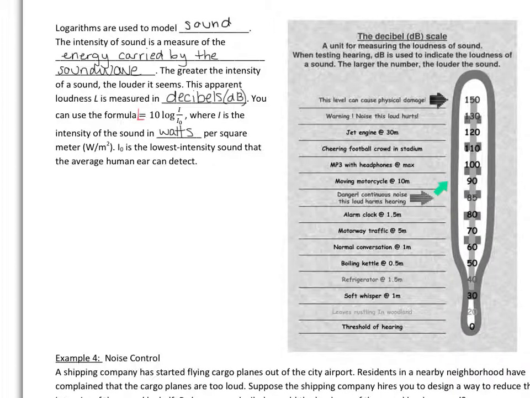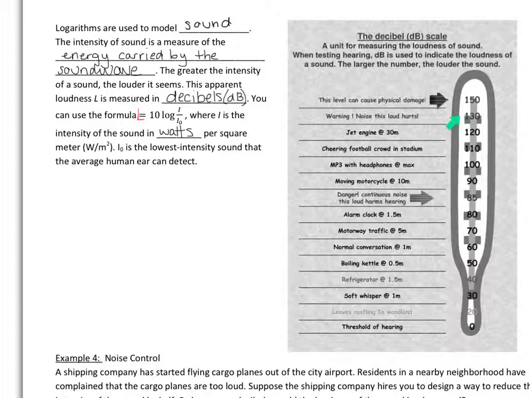Motorcycle, 10 meters away, is right above that. MP3 headphones at max is above that dangerous continuous noise level that harms hearing. Just want to put that out. Just above that, we've got our football stadium, a jet engine at 30 meters away. That's pretty close, but that's pretty loud. Here's where noise actually hurts your ears.